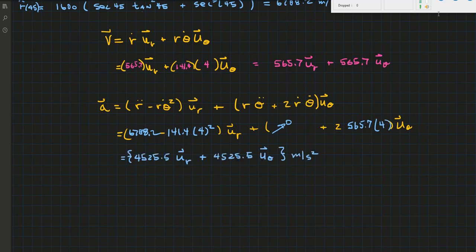And then here's our results, multiplying those out. And we can, of course, use these components, square them, add them together, and take the square root to find the magnitude of velocity and the magnitude of our acceleration.